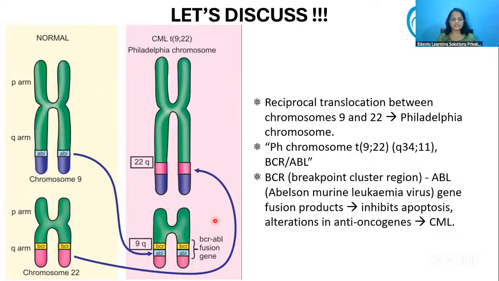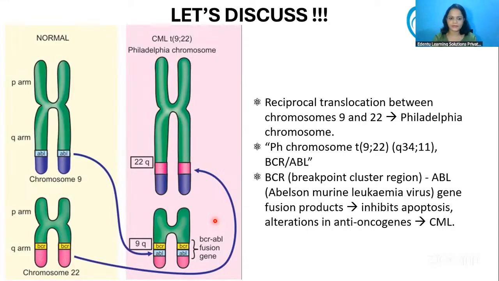These proteins have the capacity to inhibit apoptosis, and they also suppress the anti-oncogenes. That will lead to the formation of chronic myeloid leukemia. Only CML has this particular gene mutation among the leukemias.